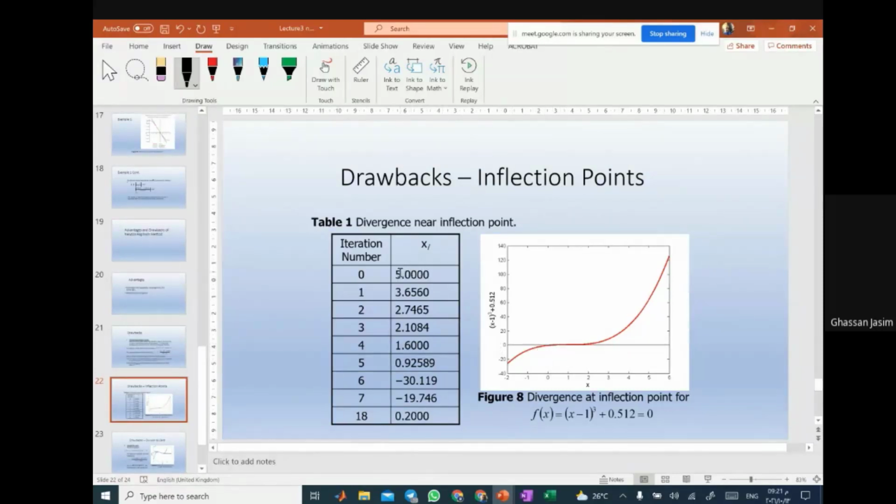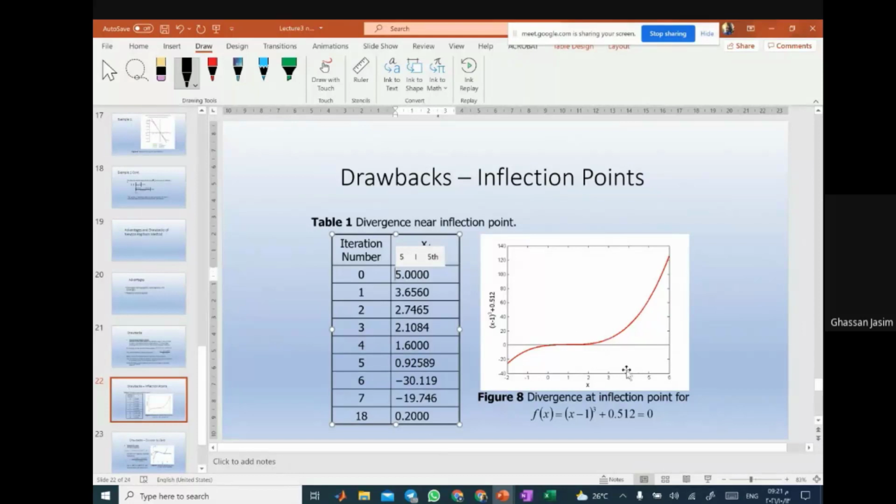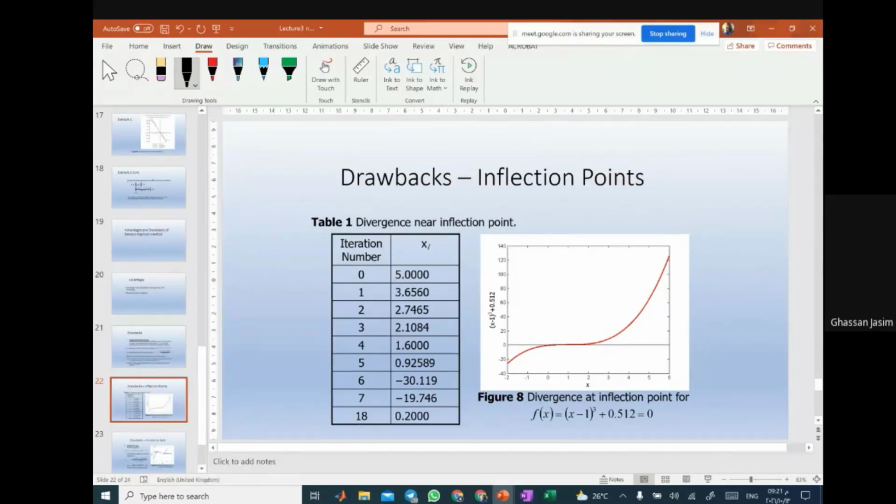Look, if we start with x naught equal to 5, if we start here, firstly it converges. This is our intersection point.